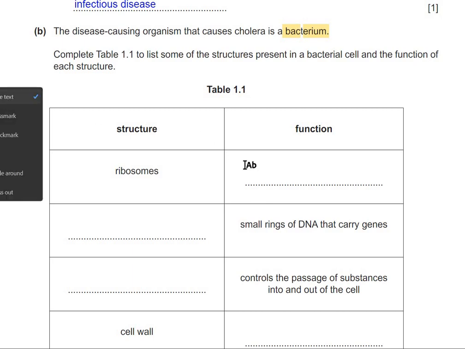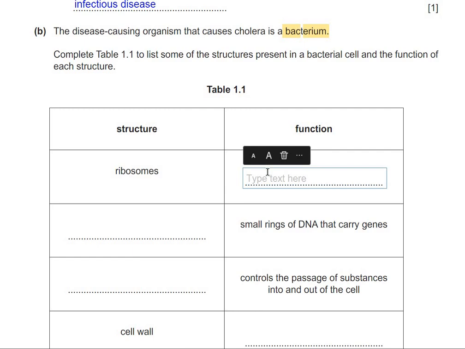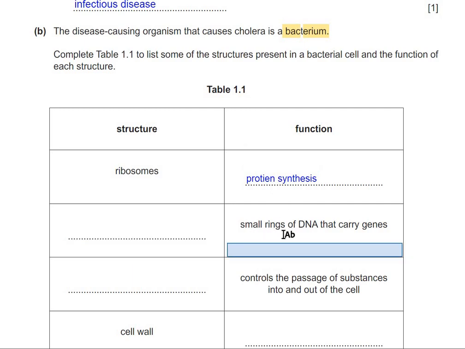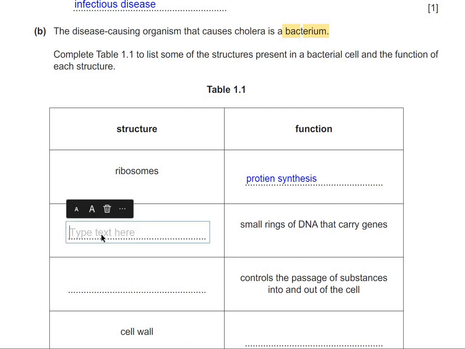They are assessing your knowledge on the structure of bacteria. The function of the ribosome, we all know, is protein synthesis. Then the structure which has small rings of DNA that carry genes is called plasmids.